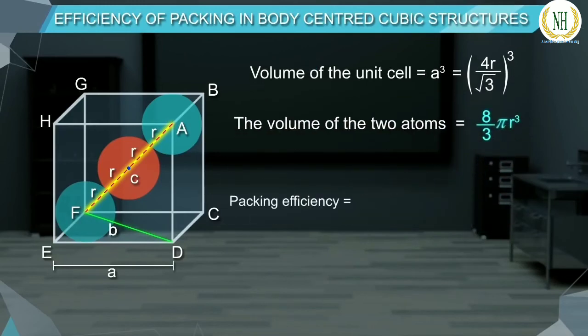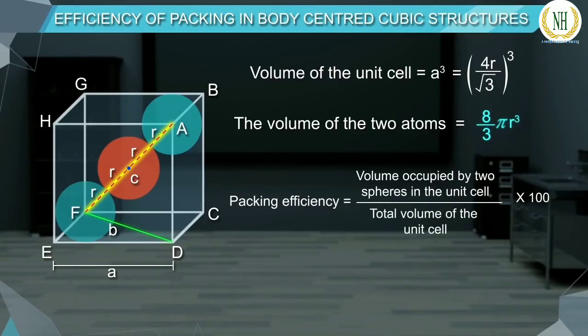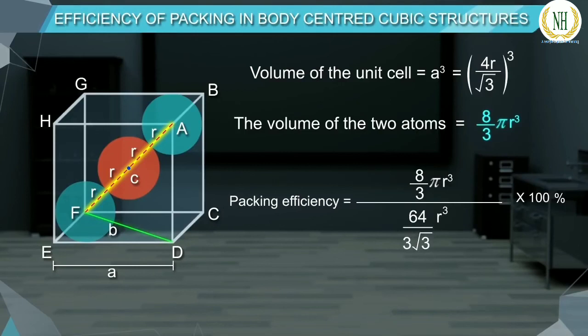Packing efficiency is equal to volume occupied by 2 spheres in the unit cell times 100 by total volume of the unit cell, in percentage, which is equal to 8/3 πr³ times 100 by 64/(3√3) r³, which is equal to 68%.